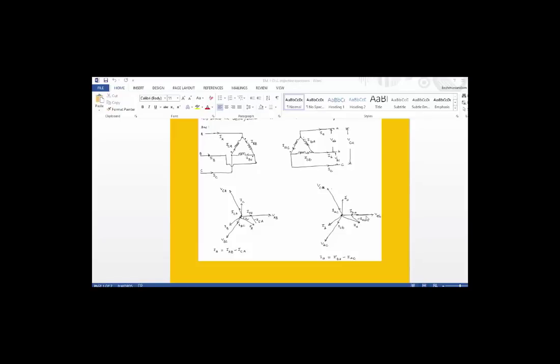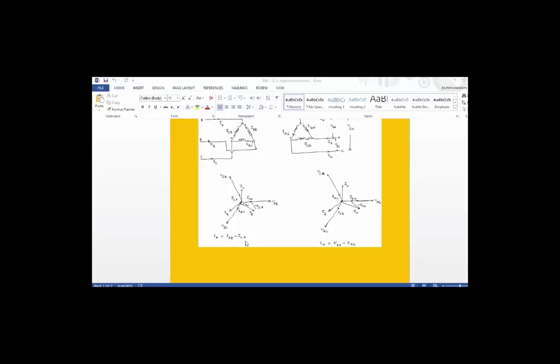Here in VAB the current flowing is IBA, the VBC vector carries the current called ICB, and coming to the VCA vector it will carry the IAC current.